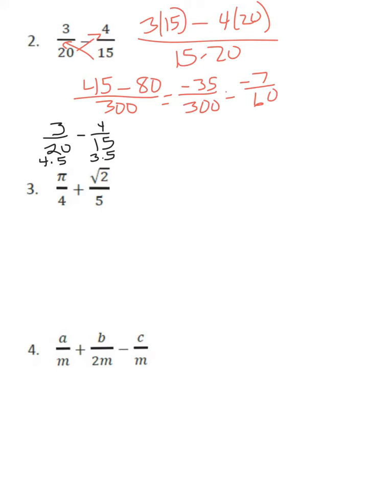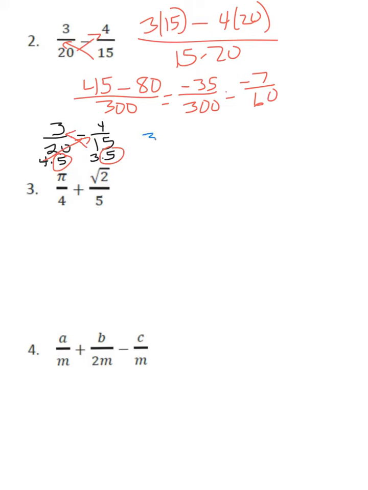Okay, so if I continue on here, I just want to show you something. If I do the problem another way too, take a look at this. We know 20 is 4 times 5, and 15 is 3 times 5. They both already share that 5. So that piece we already have. So what's the piece that we don't have? Well, if I take the 3 and put it up here, and the 4 I put it up there, then we can have the common piece that we need. So let me show you what happens if we do that. I'll do it in blue here.